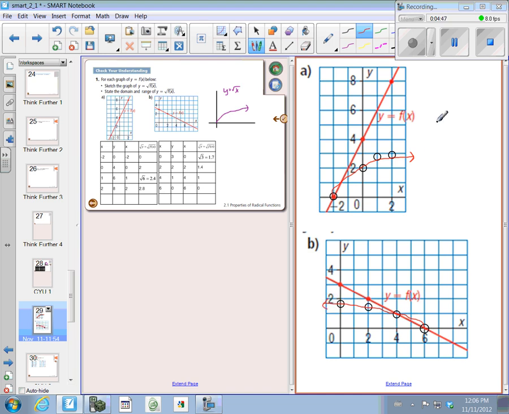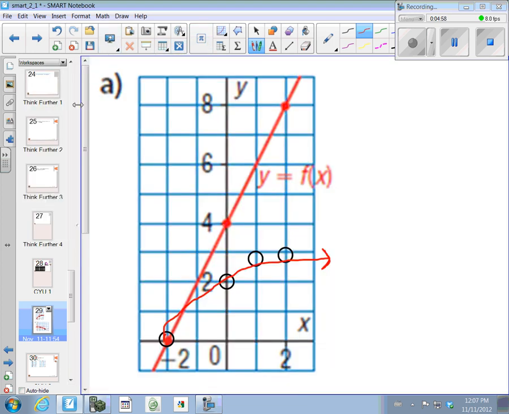Okay, so we're now ready to state the domain and range. For the first one, let me put this down to one single page so it's a little easier to see. So the domain, notice that x for this one can be anything bigger than or equal to -2. So we say x is greater than or equal to -2 because it goes to the right. The range, y can be anything bigger than or equal to 0 for this question.